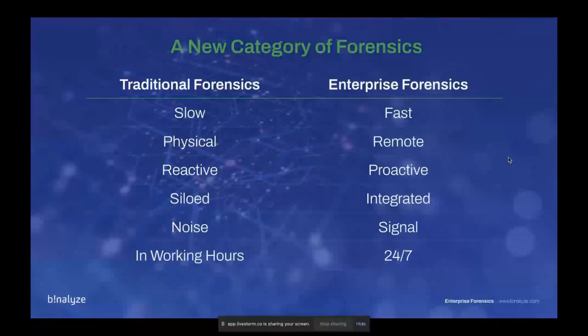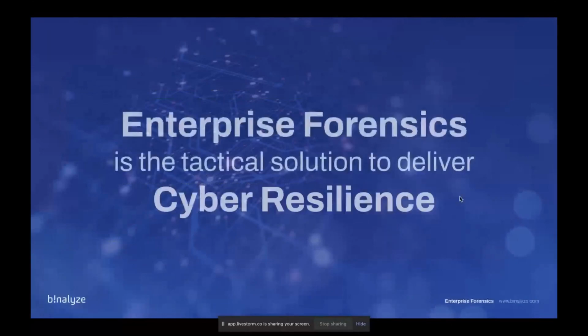That way you get the most out of the already existing solutions in your environment by integrating with the enterprise forensic solutions. And it's signal-based, not noise-based like in the traditional forensic case. And you can only perform it in working hours in the traditional forensic case, while enterprise forensics is always available 24/7. That's why we see enterprise forensics as the tactical solution to deliver cyber resilience.